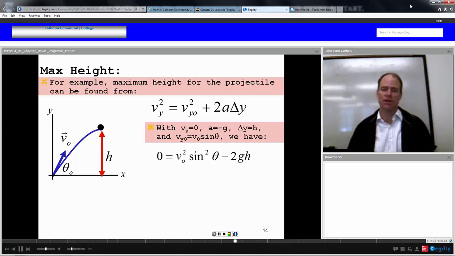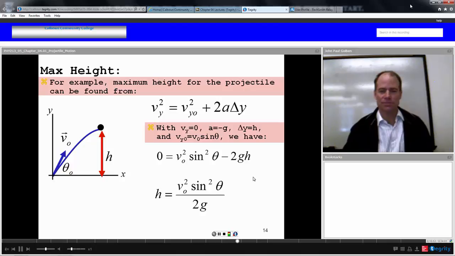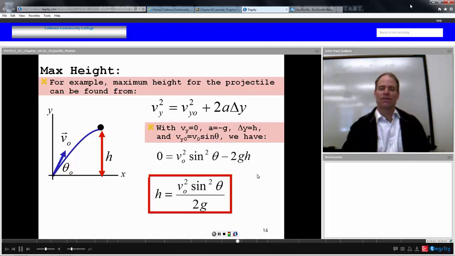We have 0 is equal to v naught squared sine squared theta minus 2gh, because our acceleration was a negative g. Solving for h, we have that our maximum height is our initial speed, v naught squared, times sine squared of our initial launch angle, theta, over 2 times 9.8. That's how high we'll go. Neglecting air friction, that's how high this projectile will go.